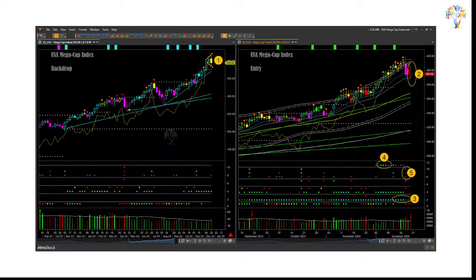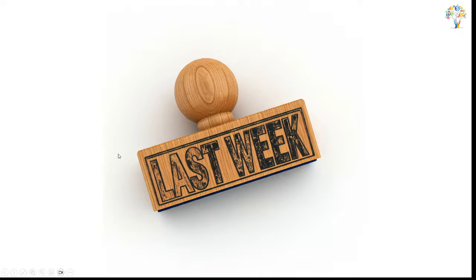One mega cap stock that I shared a bearish view on and I mentioned I had a bearish position in was Nvidia. Let's look at how I managed that position. This is last week's chart of Nvidia that I shared.